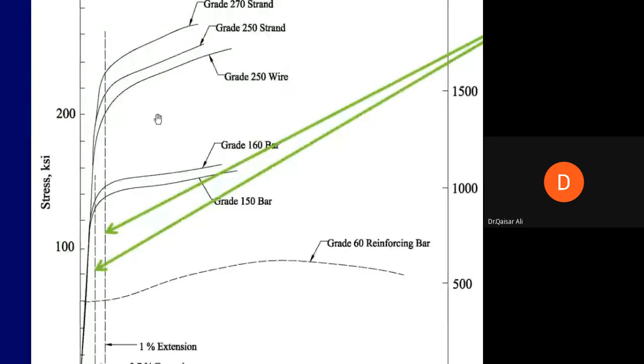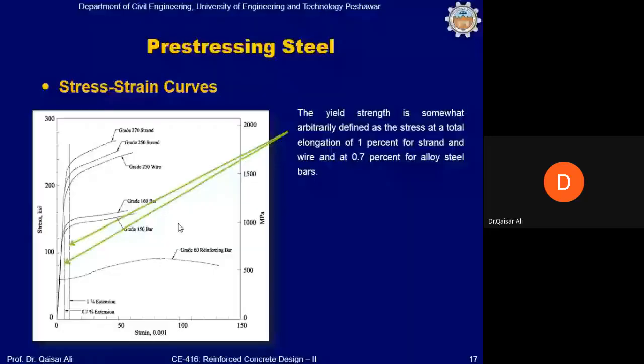The yield strength is somewhat arbitrarily defined as the stress at a total elongation of 1% for strand and wire and 0.7% for alloy steel bar. Generally, we draw a line at 1% strain parallel to the y-axis, and wherever it meets the stress strain curve for that particular steel wire or strand is taken as the yield strength of steel.